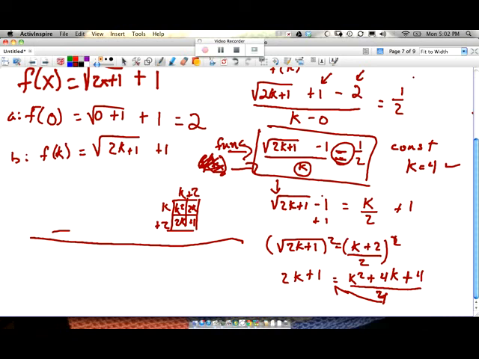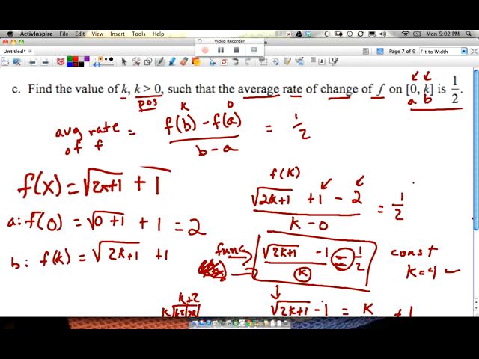So we have lots of stuff going on here, and there are lots of different ways. There's actually more than one way I could have done this part C. This one was just trying to keep it pretty straightforward when we know the average rate refers to this piece here. And keep in mind that was the same thing as doing the integral from a to b of f prime of x dx all over b minus a. Same thing.